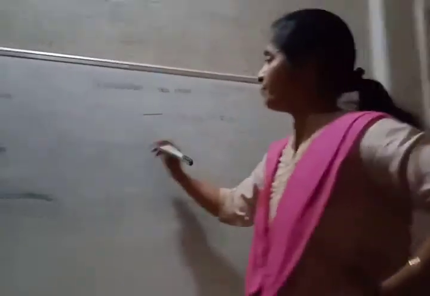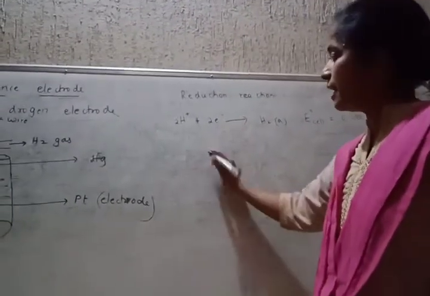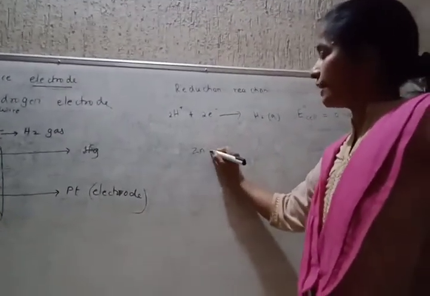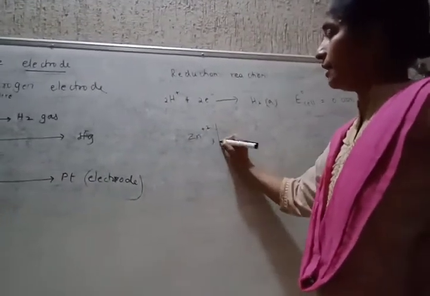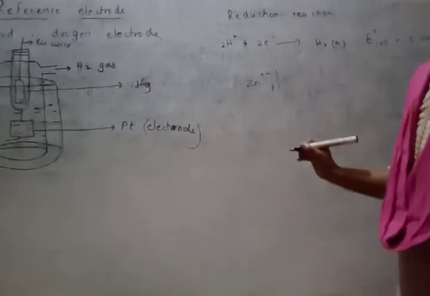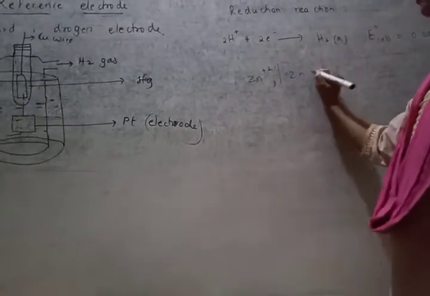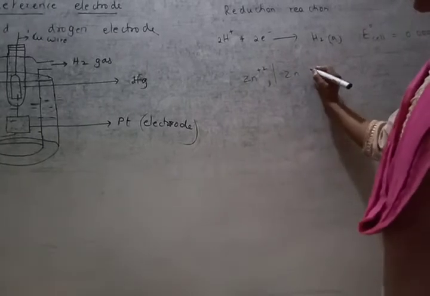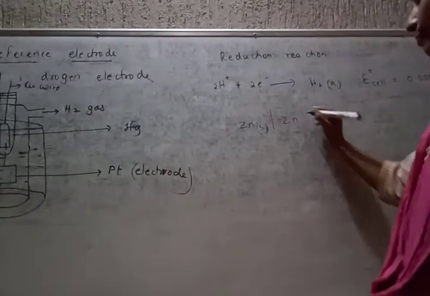For example, suppose this is acting as a cathode where reduction is taking place, now I will take zinc. We'll take zinc ions. See here, this is the chemical formulation. Zinc ion, we will take zinc as an electrode dipped in 1 molar zinc ion.